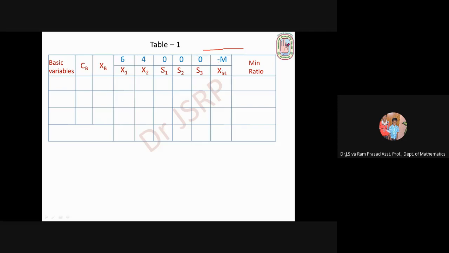And XA1 is an artificial variable, so by the big M method, we assign the cost minus M. What is the first basic variable? S1. The second basic variable is S2. The third one is XA1.